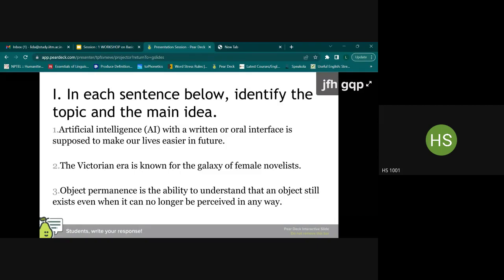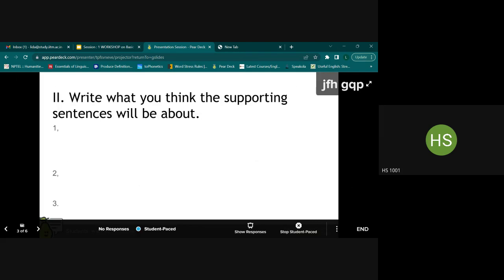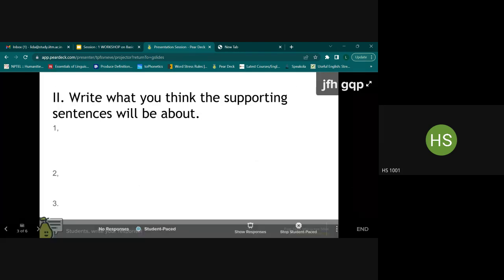And for the main idea, you're going to focus on what is being spoken about the topic. What is the often repeated thing and what is being spoken about that repeated thing. So that becomes your main idea. Together, both of them are going to give you a topic sentence. Right? Okay. We go to the next one.